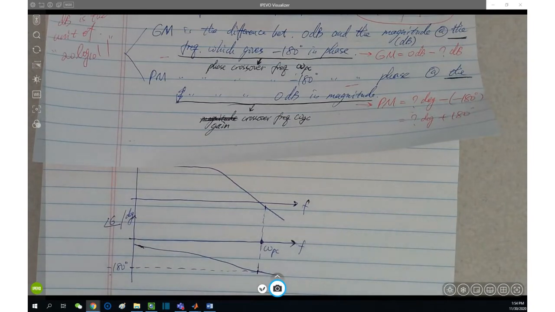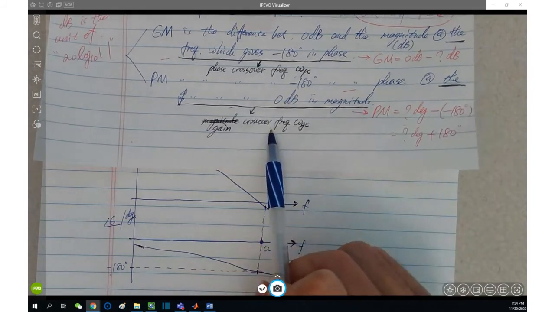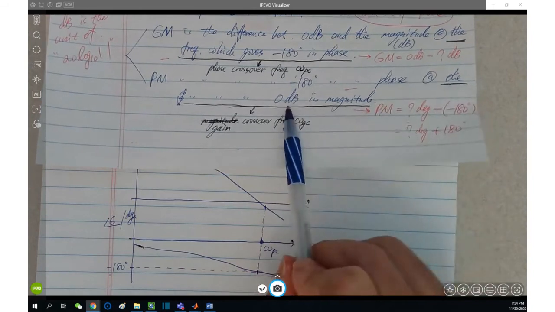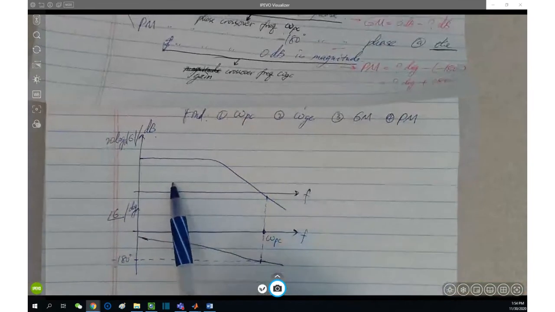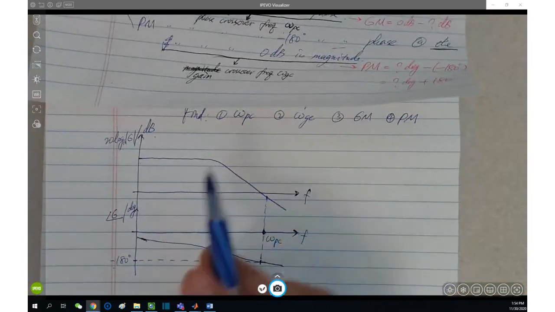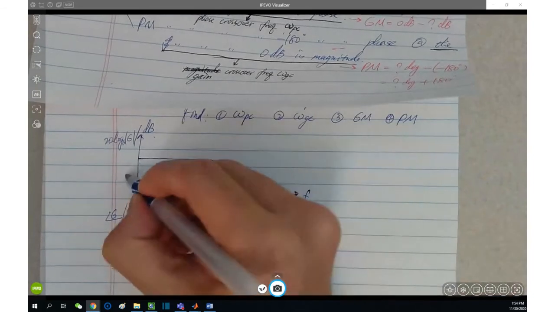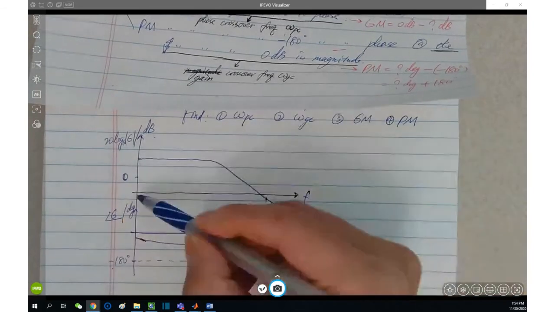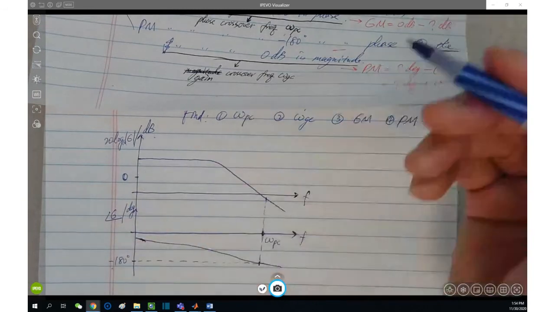Second, we are looking for the omega GC, right? Omega GC means what? The gain crossover frequency. So it's the frequency giving you 0 dB in magnitude. We go to the magnitude Bode plot here. So where is 0 dB? For example, if you're assuming here is 0, I know my axis is plotted here, but that is not necessarily the 0 dB.